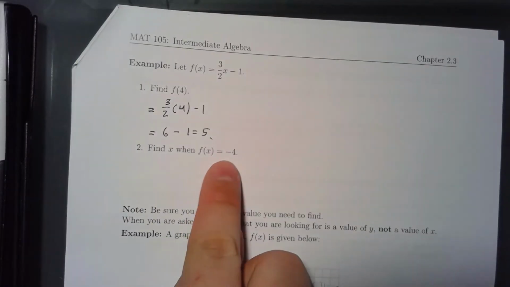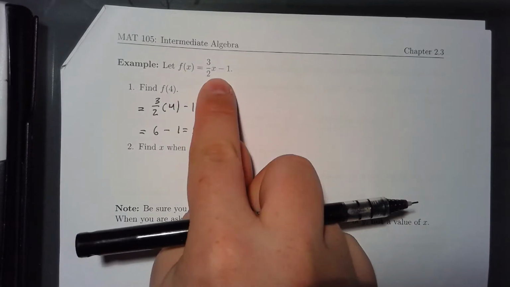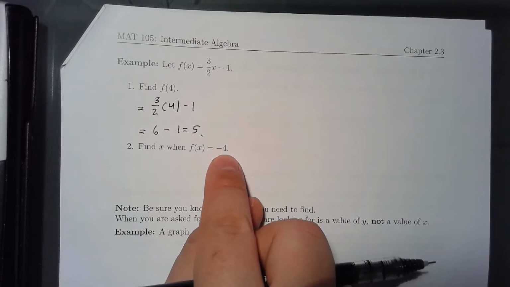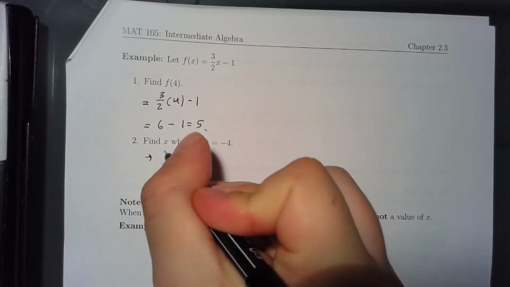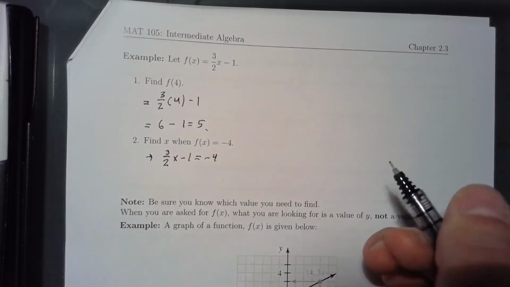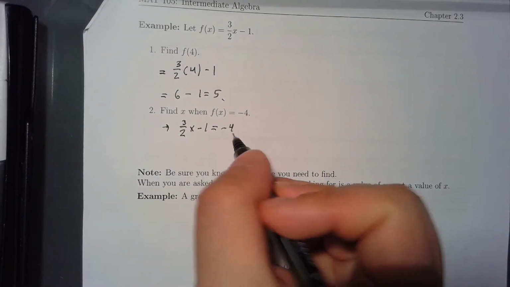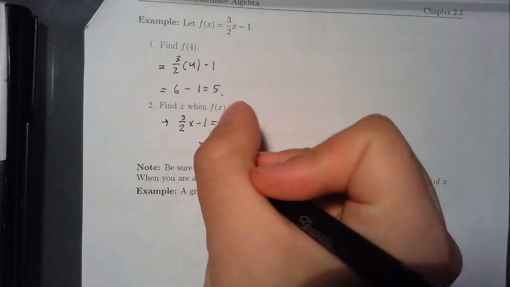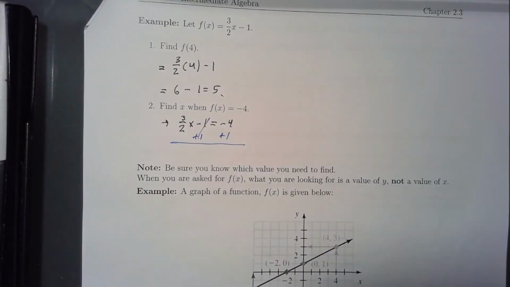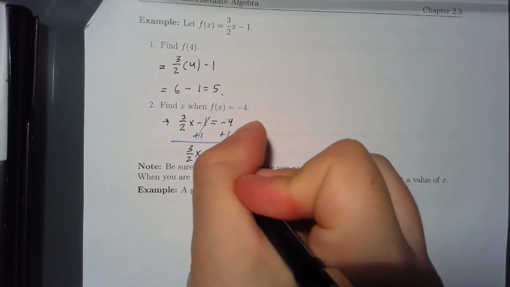Well, my output is negative 4, and that's what my function's equal to, and I already know what my function is. So what I could do is set my function equal to the desired output, which is negative 4. And then from here I could just solve for x, which is what I'm trying to find. So how do I solve this for x? Add 1 to both sides. -4 plus 1 is -3.